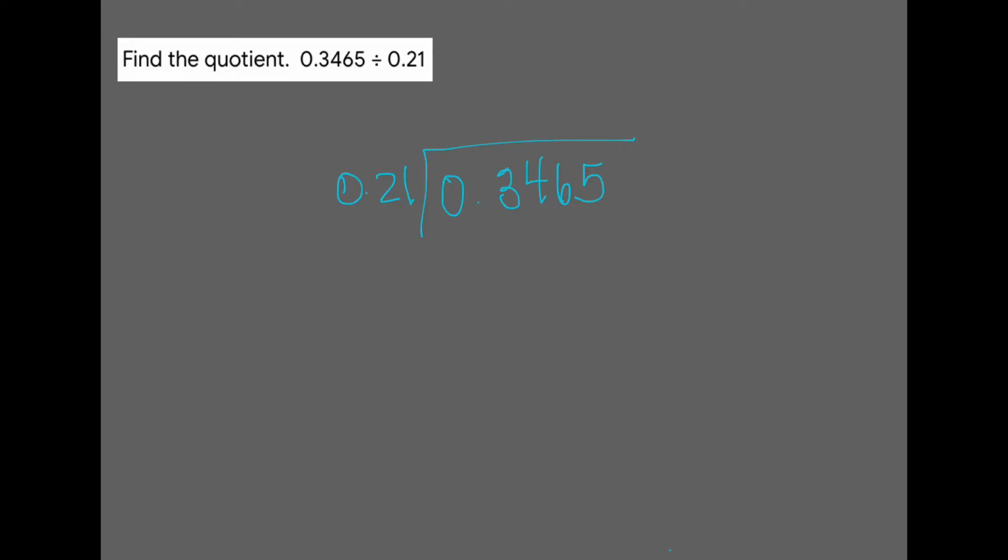We know that we cannot have a decimal point in our divisor, so we need to move that decimal point to make it a whole number. If we move it in our divisor, we need to move it in our dividend, and then we take it straight up. Now we can go ahead and divide like normal.